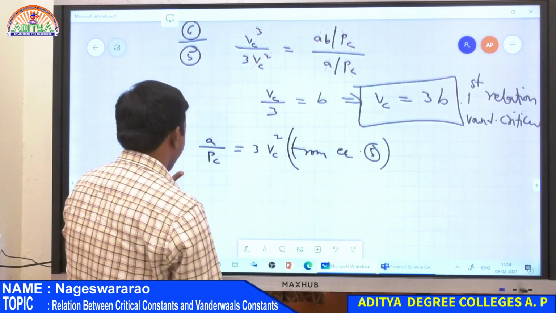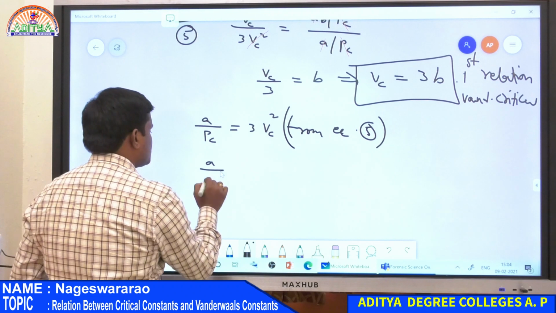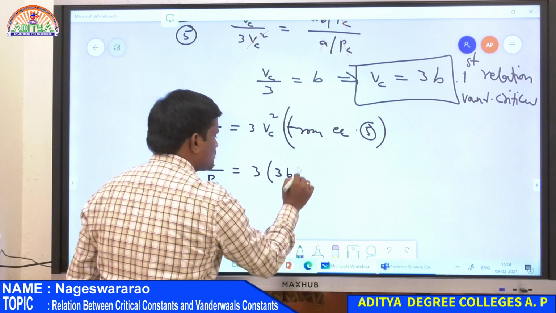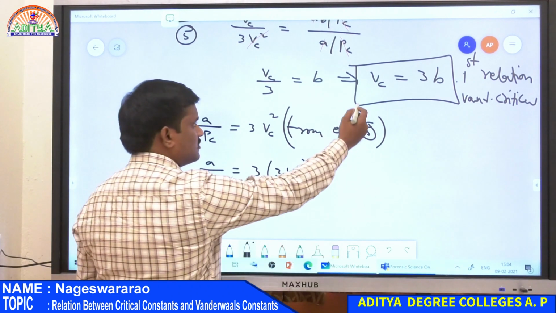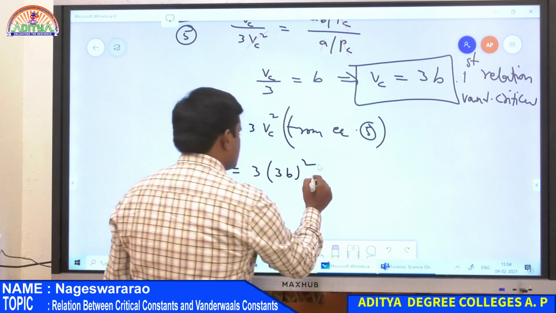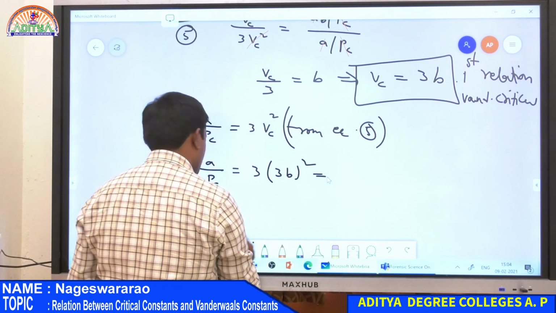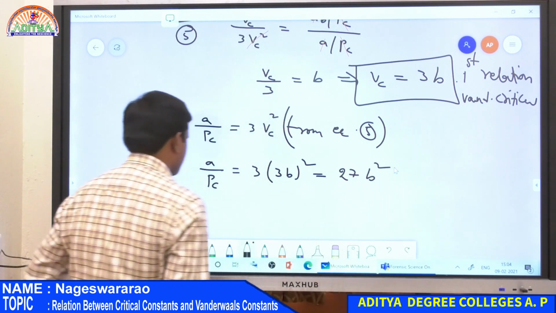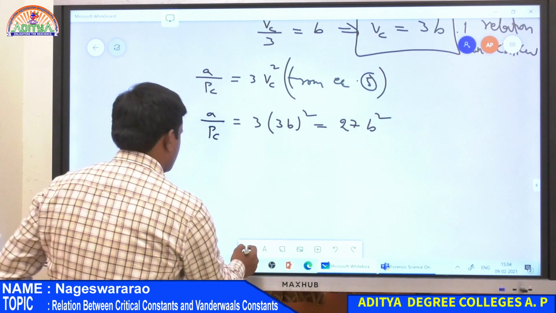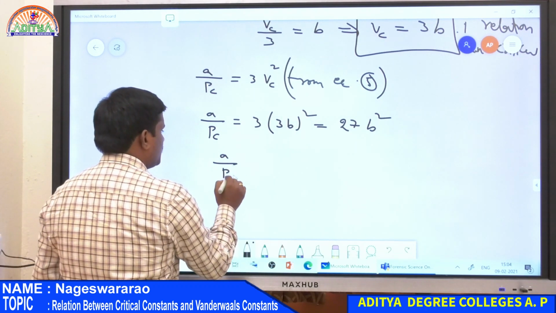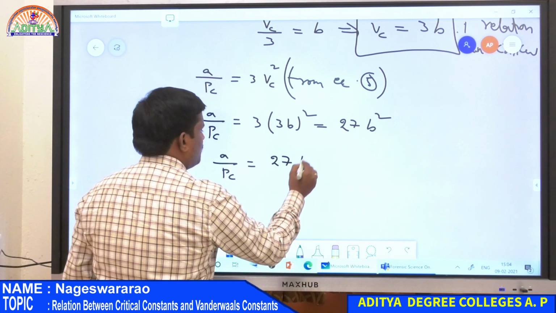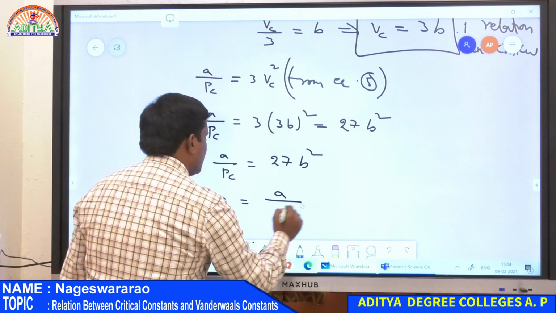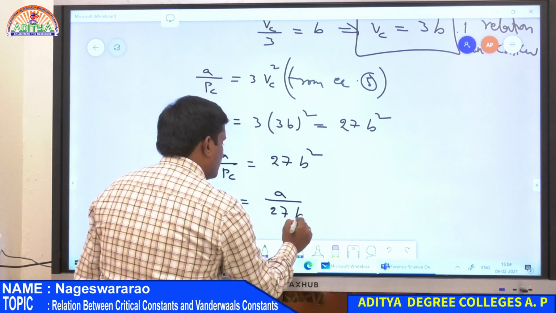Therefore A by Pc is equal to 3 into Vc square, that is simply 3B square, because Vc is equal to 3B. Now 3 square, 3 into 3, 9, 9 into 3, that is 27B square. Therefore A by Pc is equal to 27B square. Therefore finally Pc is equal to A divided by 27B square.